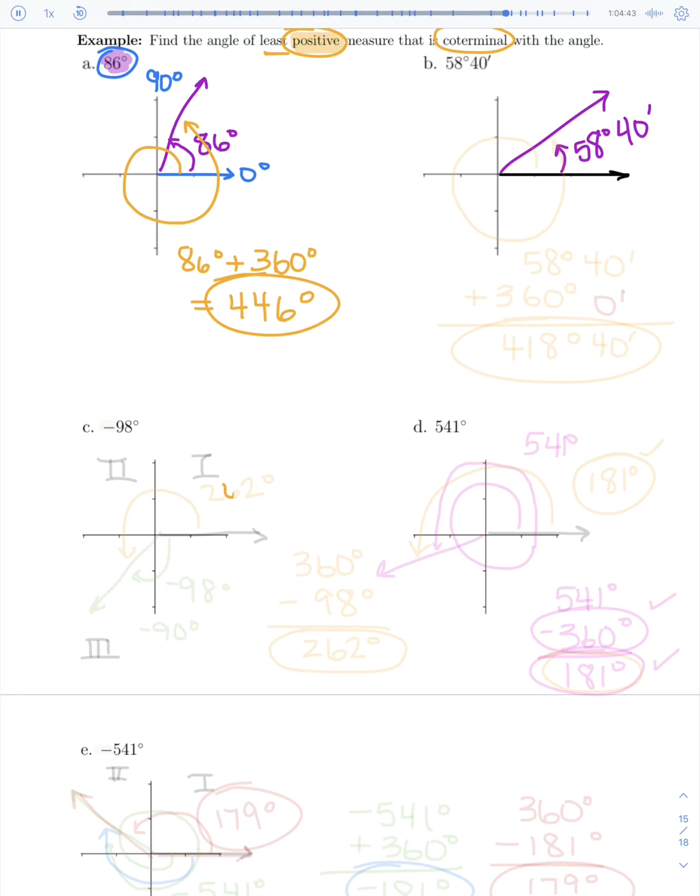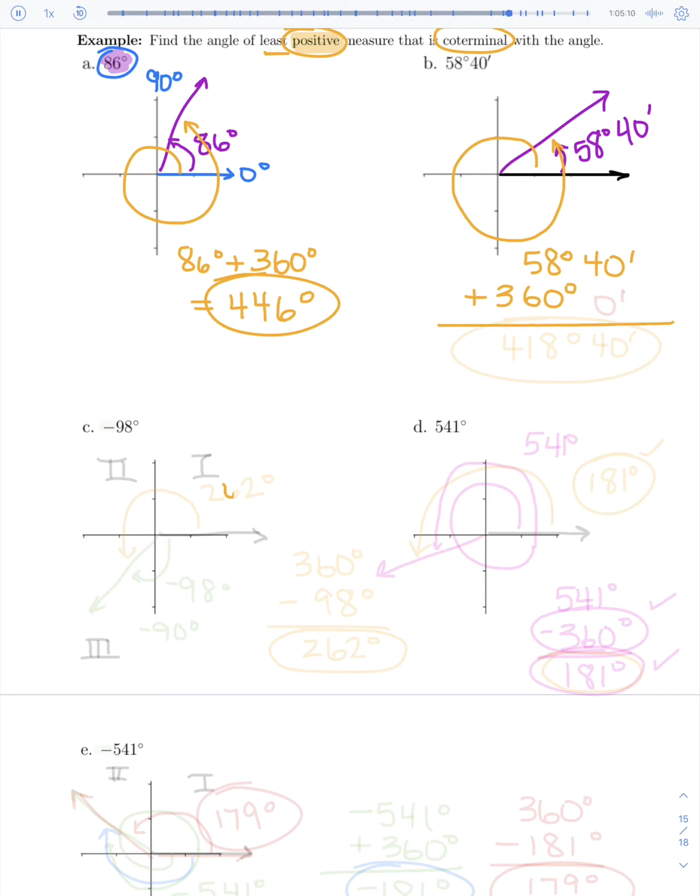So the same idea, they want the least positive angle that is coterminal, which means I'm going to go my 58, then I'm going to keep on going around and come back to my angle. And how you do that is you go your 58 degrees and 40 minutes, and then go around the circle and come back. So adding another 360 degrees to go around a circle.